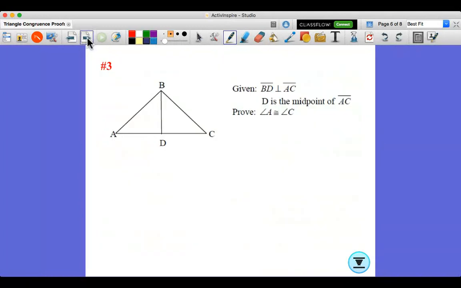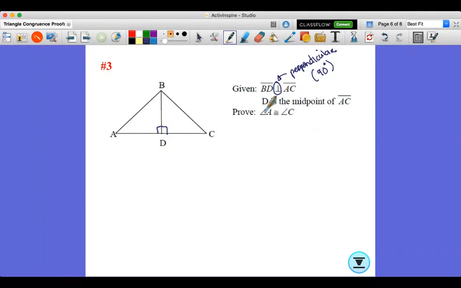Let's do an example. So let's see. Given BD is, what does this mean? Perpendicular. I don't see the word bisect anywhere. So just perpendicular, right? That means 90 degrees. BD and AC are perpendicular. I'll go ahead and add that 90-degree symbol in. Both of these would be 90 degrees.